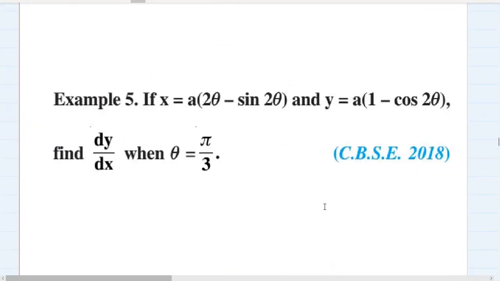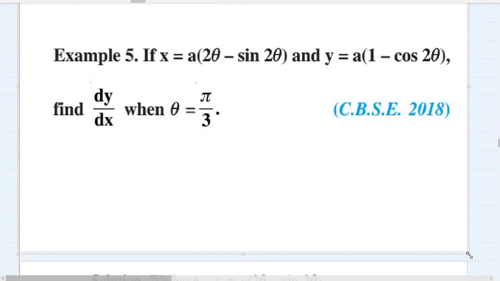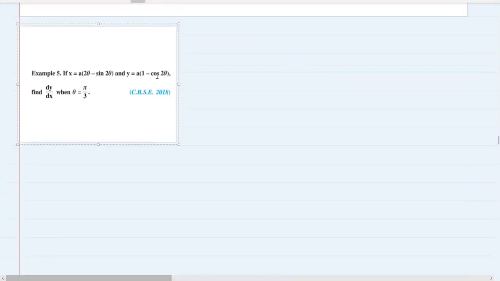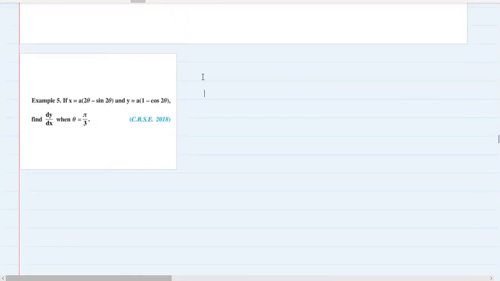Yes, let's go ahead. This is a board question from 2018. Let's see, it looks like an interesting question. x is equal to a bracket 2 theta minus sine 2 theta and y is equal to a bracket 1 minus cos 2 theta. You have to find dy by dx when theta is pi by 3.